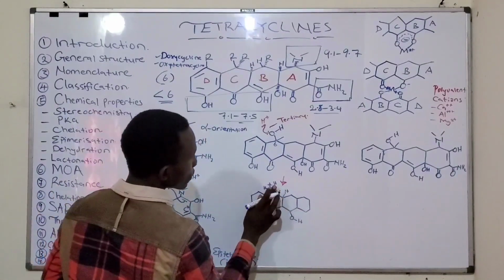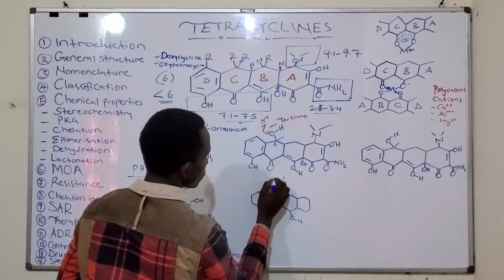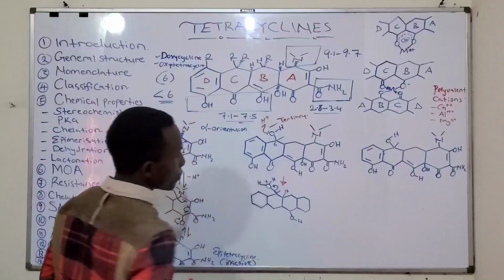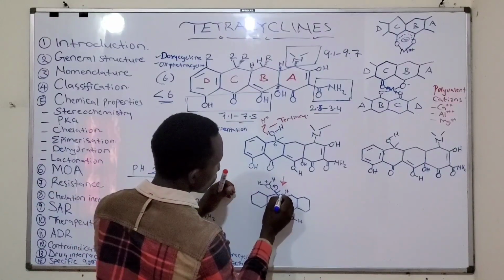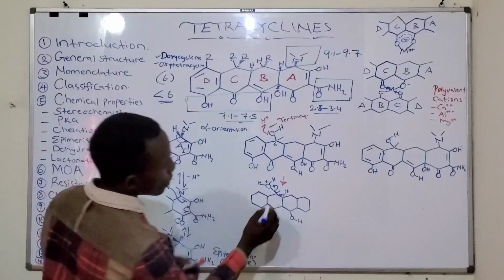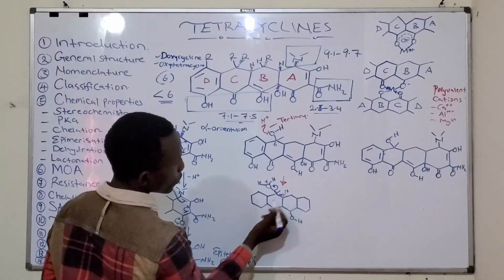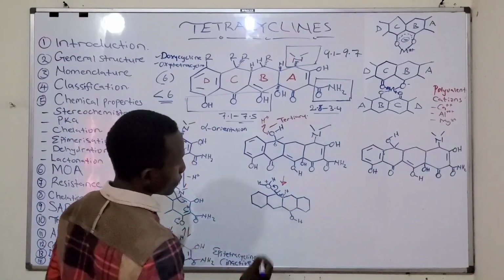So this one, the oxygen, since it is unstable, breaks off. When it breaks off, this hydrogen will stabilize this carbon, because this carbon will become plus, then this hydrogen is lost to stabilize this carbon here.